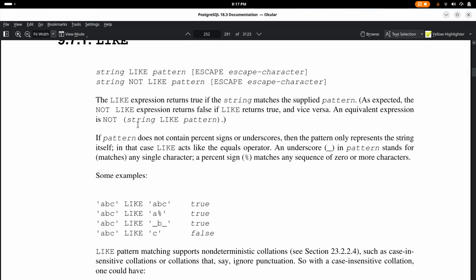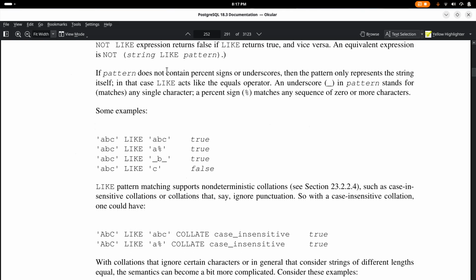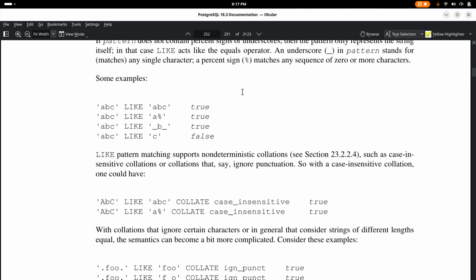An equivalent expression is NOT (string LIKE pattern). If the pattern does not contain percent signs or underscores, then the pattern only represents the string itself. In that case, LIKE acts like the equals operator. An underscore in the pattern stands for, that is, matches, any single character. A percent sign matches any sequence of zero or more characters.